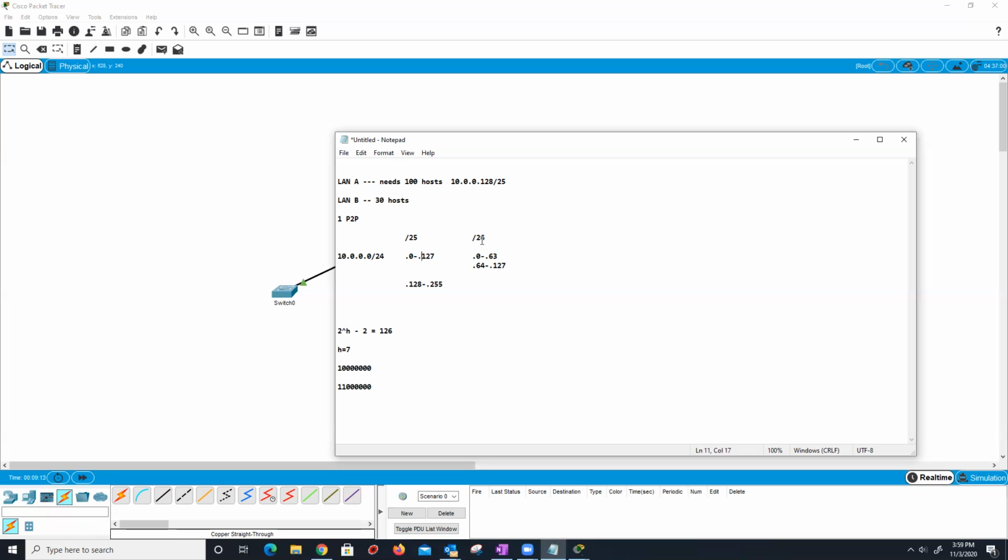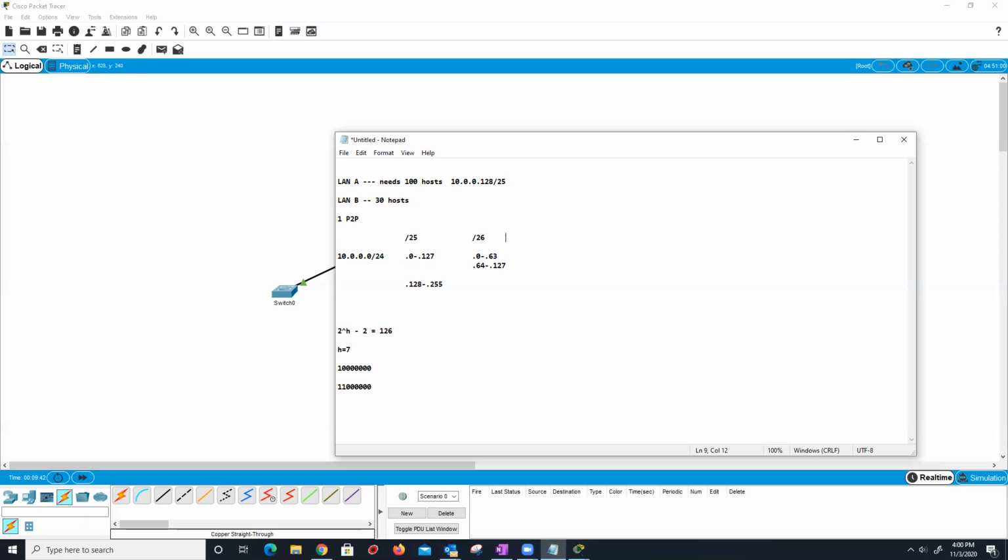How many hosts are there on each one of these subnets? If you got a /26, we've got 2 to the 6th power minus 2, which is 62. This is still a little bit bigger than what we need to meet LAN B's requirements.